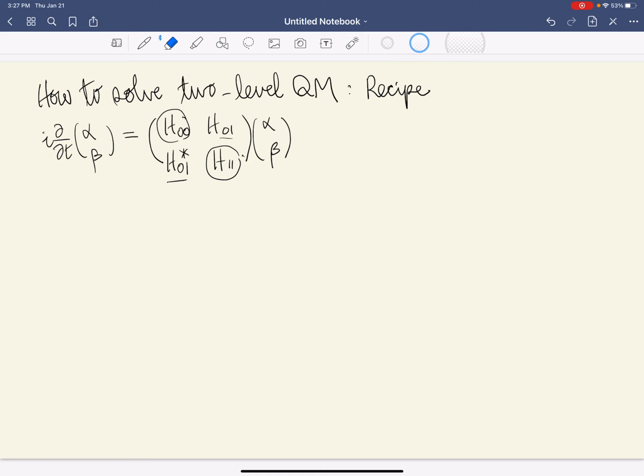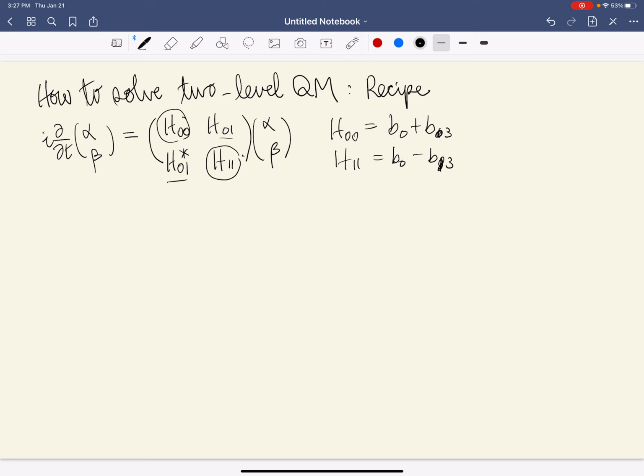So without any loss of generality, we can rewrite these two real numbers as some other combination of real numbers, which I will choose to be b0 plus b3, and h11 would be b0 minus b3. Sorry, I am using b3 in my notes, so I should sync up my notation with that.